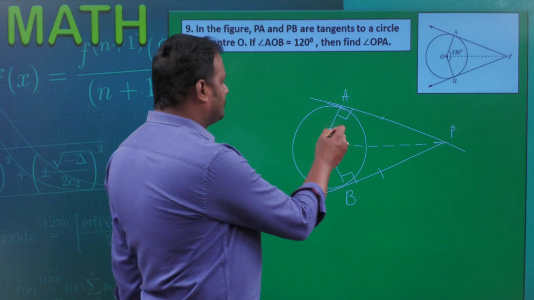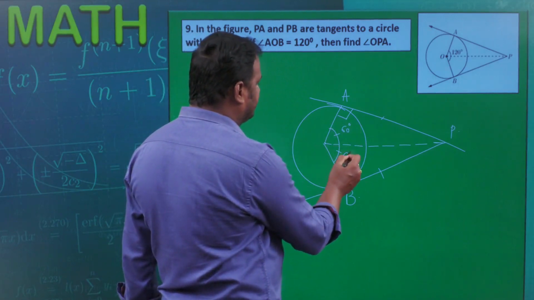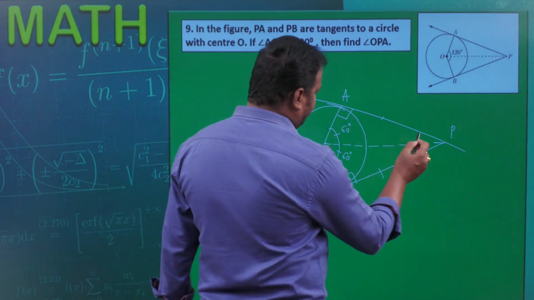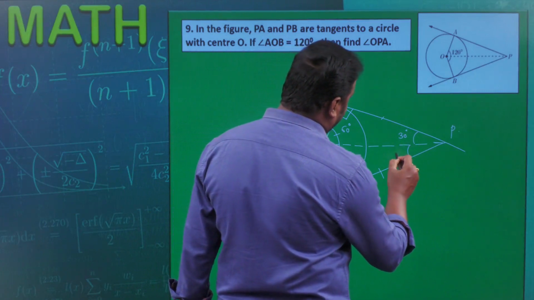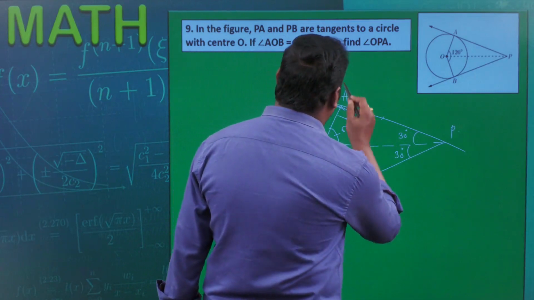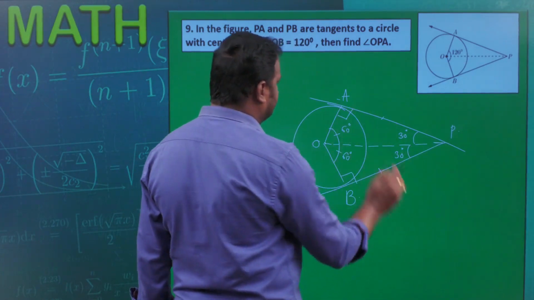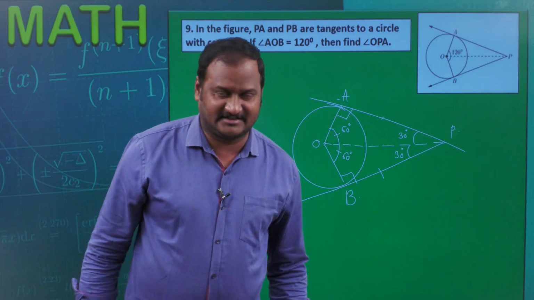Since this total angle is equal to 120, it is divided into two angles, 60 degrees and 60 degrees, because that is 120. It is 60, it is 90, then obviously this angle is equal to 30 degrees. If this is 30 degrees, this is also 30 degrees. Now what do you want? Find angle OPA. This is O and this is P and this is A. Therefore angle OPA is equal to 30 degrees.